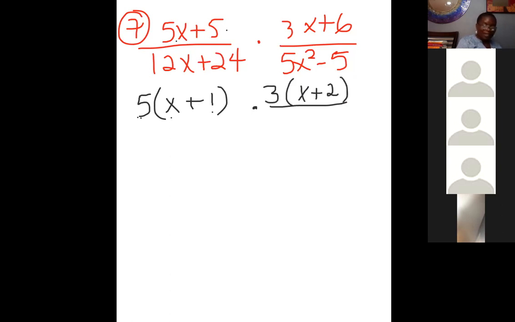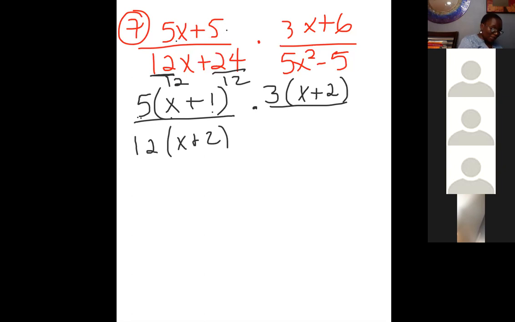Now we're going to go to the denominator of the first fraction, and this one has a GCF of 12. If we divide both terms by 12, that leaves us with x plus 2. And last but not least, the denominator of the second fraction, if we divide each term by 5, that leaves us with x squared minus 1.